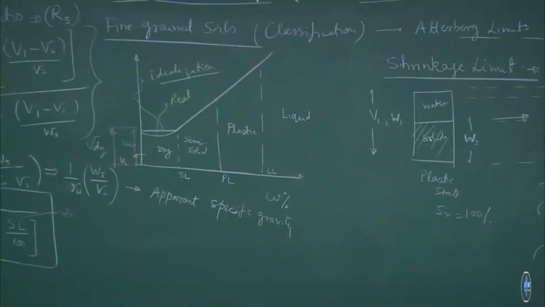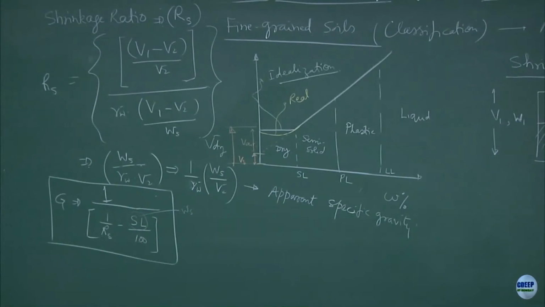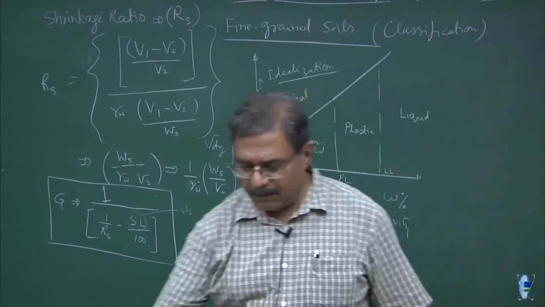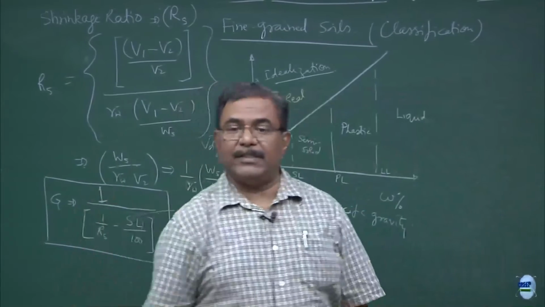So, what we have done until now is, we have talked about the experiments which are done to characterize coarse grained materials and fine grained materials. And then I would like to characterize the soils by putting them in a classification scheme.